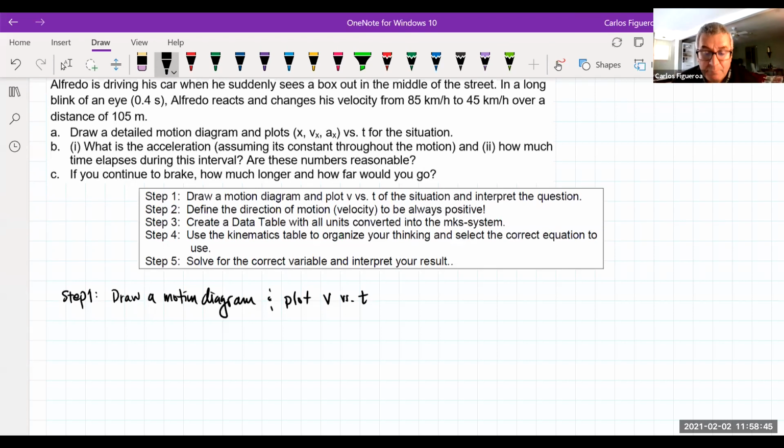Why am I doing that? The whole goal is to identify intervals of acceleration.